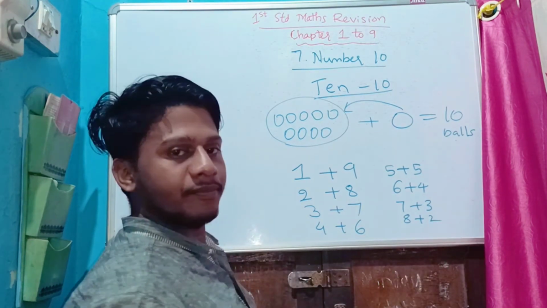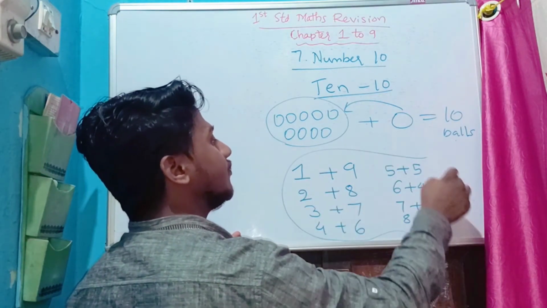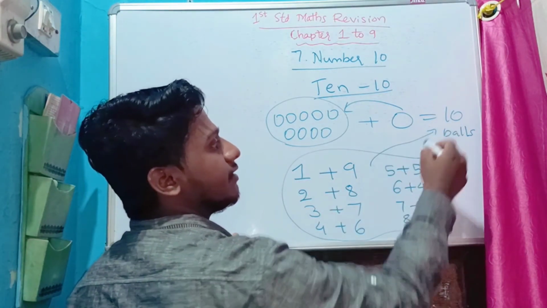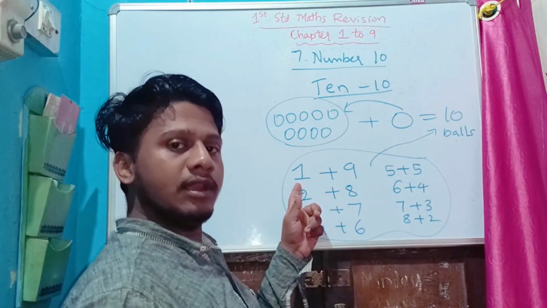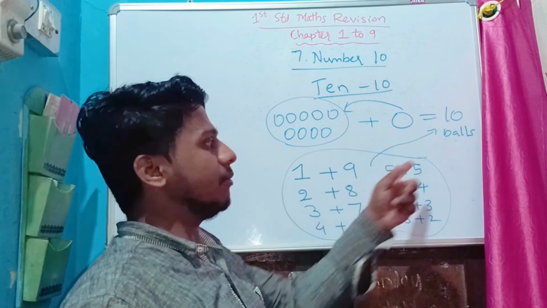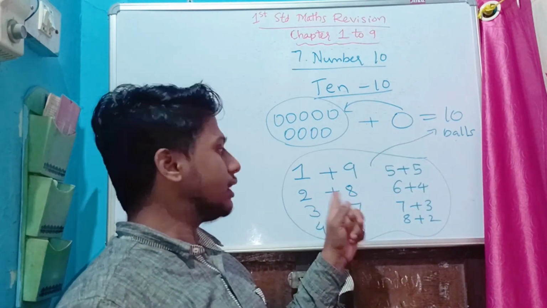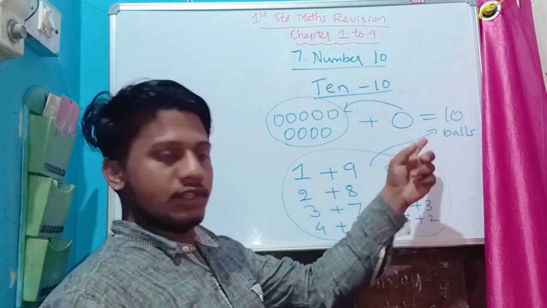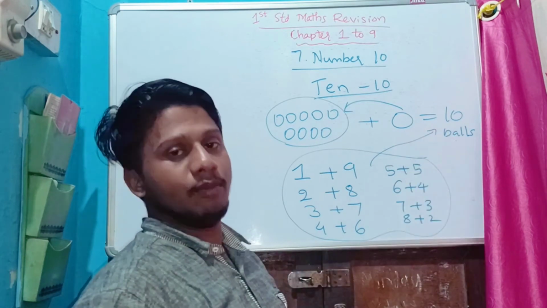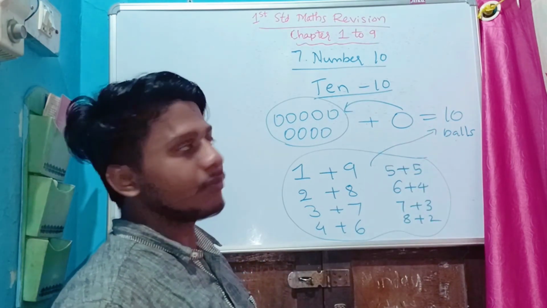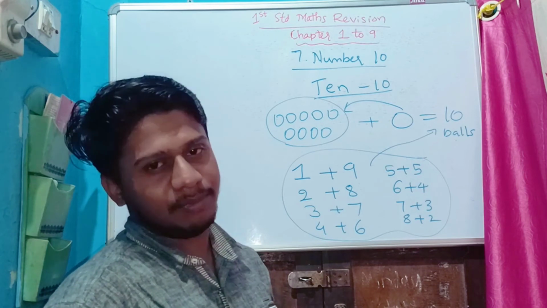Clear with this? So these are the ways in which you can get the answer as 10. 1 ball plus 9 ball, that will be 10. 2 balls plus 8 balls, that will be 10. So these are the different ways how you can get 10 balls. Clear with this? So only these things are enough for this chapter.